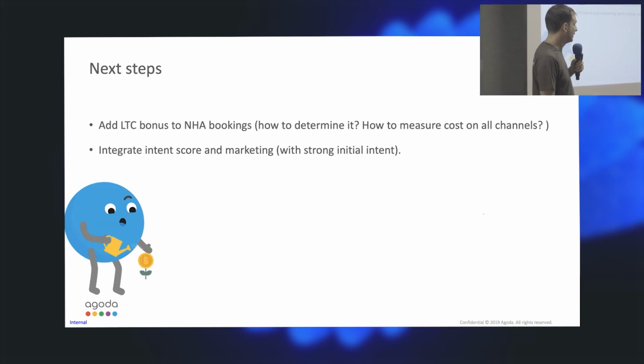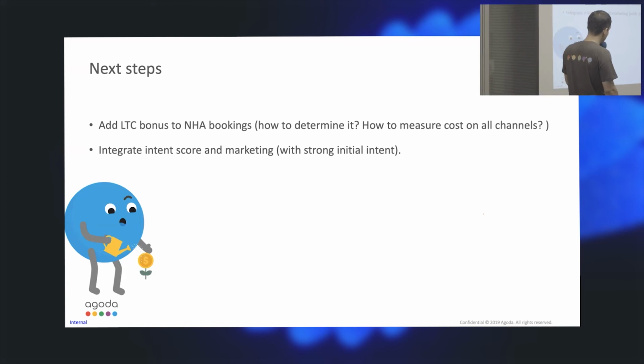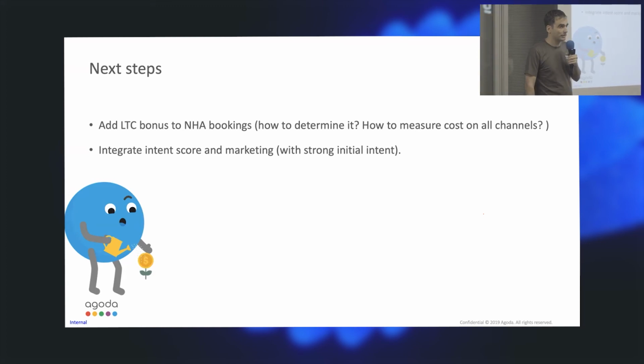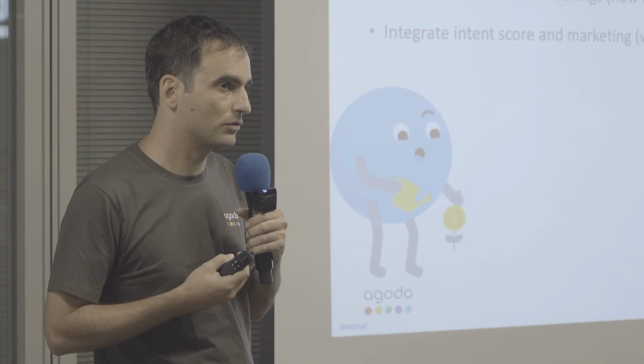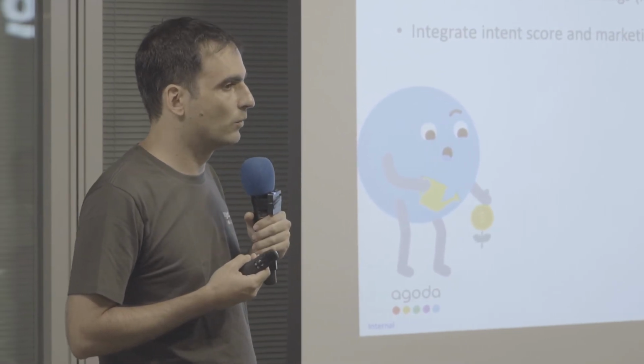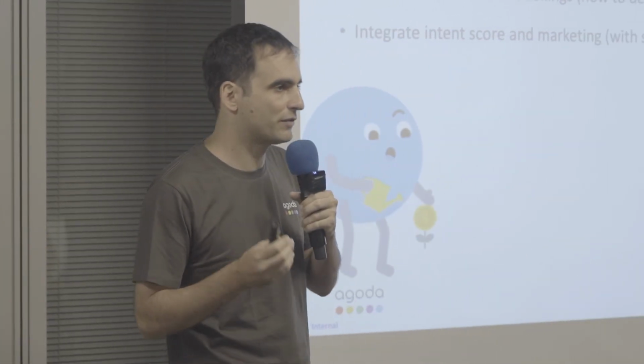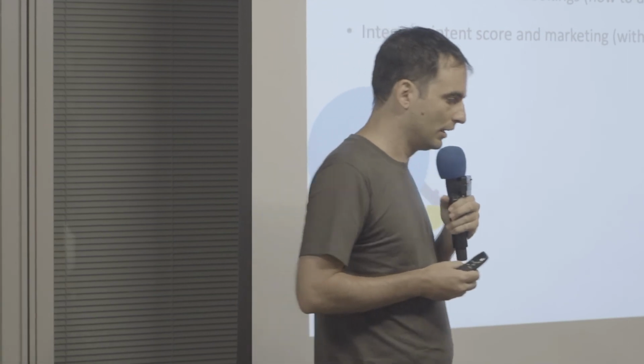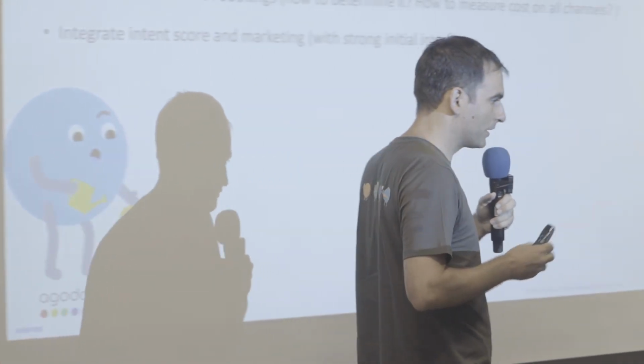This is something that sounds very easy to do, but it's not quite easy because of two main things. First, we don't know how much we should bias it. It's hard for us to do it. And the second thing is, when we change the value of something in Agoda, we change it company-wide. We can't change it just for ranking. It would also take effect in, I don't know, our marketing spend in Google.